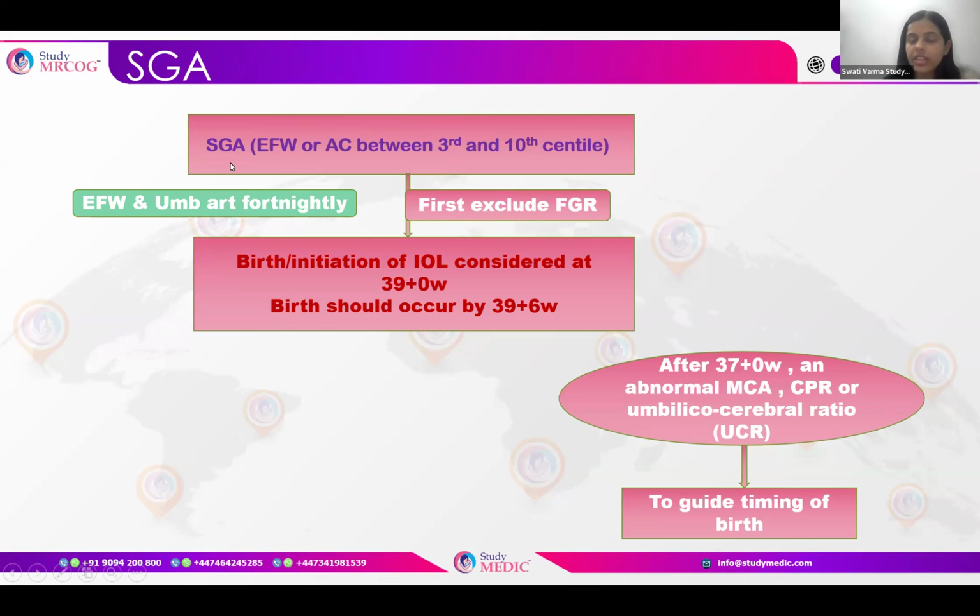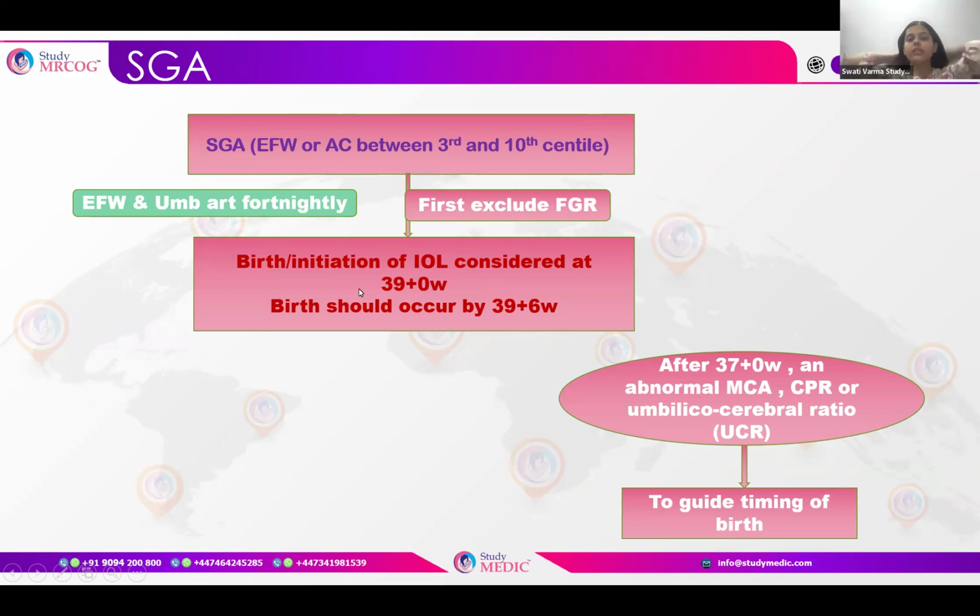So keep on excluding any features of FGR and keep on carrying out fetal weight and umbilical artery fortnightly, and then tell her that it is good that we initiate induction of labor at 39 weeks so that birth should occur by 39 plus 6. So this you have to remember.